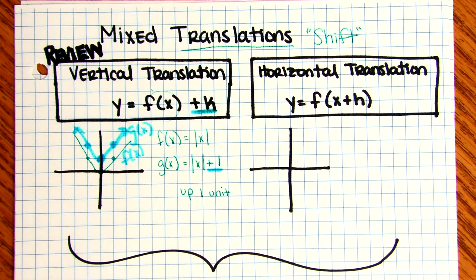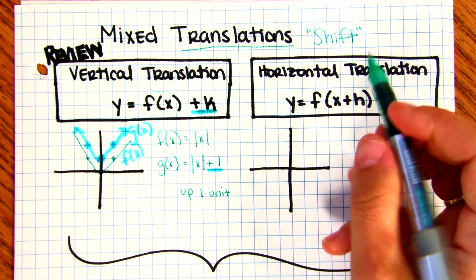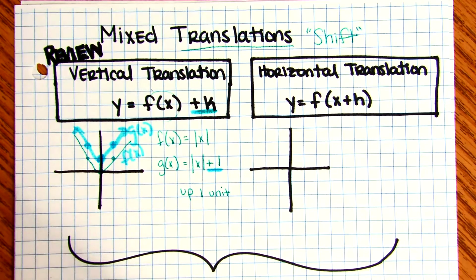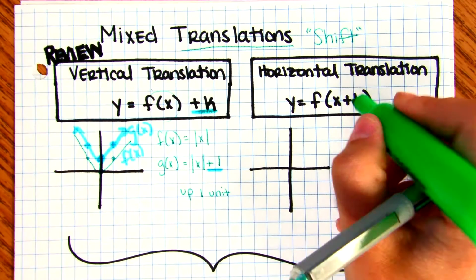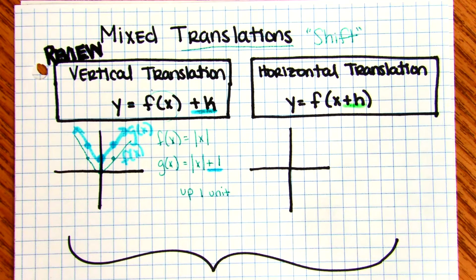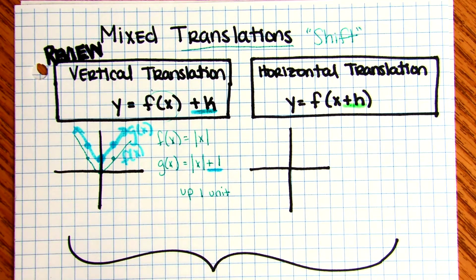So let's do a horizontal translation. A horizontal translation happens when you add a value inside of the function. Another way of looking at that is you add the value to x.